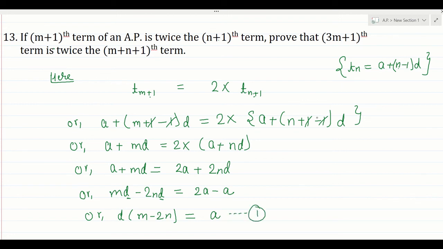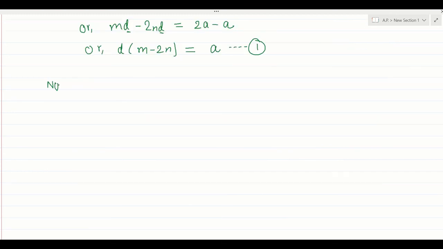Is this clear? Now let's try to find out 3m plus 1th term and m plus n plus 1th term. Now we'll find out 3m plus 1th term, which is given by A plus n minus 1 D. In place of n, we should keep 3m plus 1.